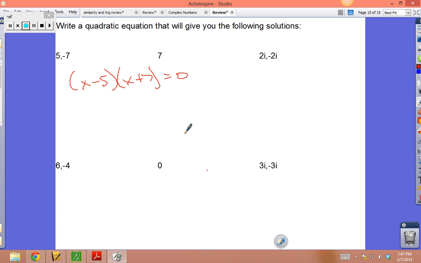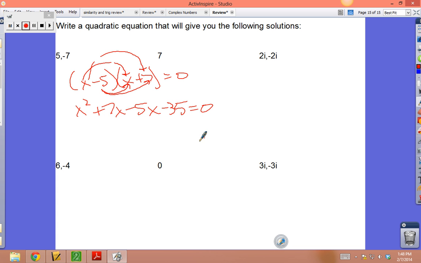Now, let's distribute and figure out what equation that is. What's x times x? That's going to be x squared. What's x times 7? What's negative 5 times x? And then the last is a negative 5 times 7. So negative 35. And combine your like terms.